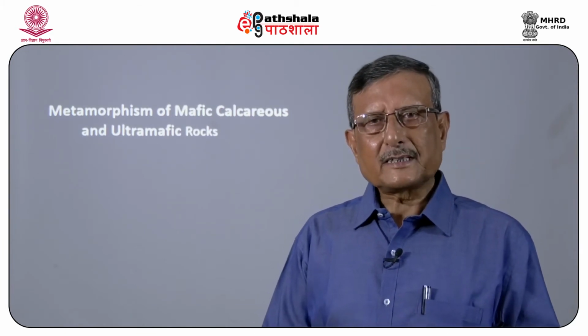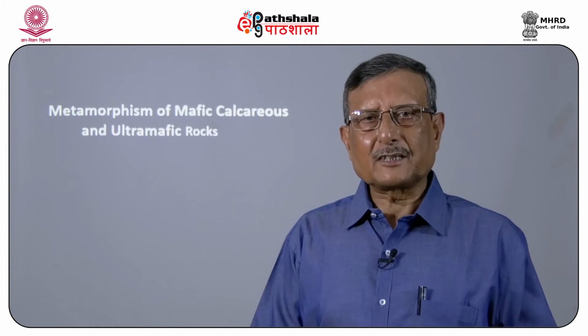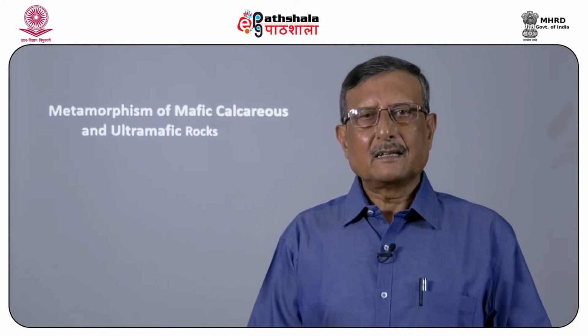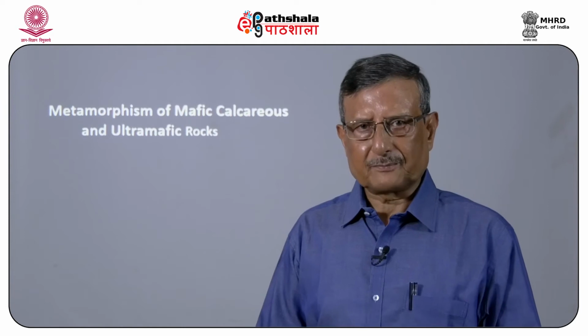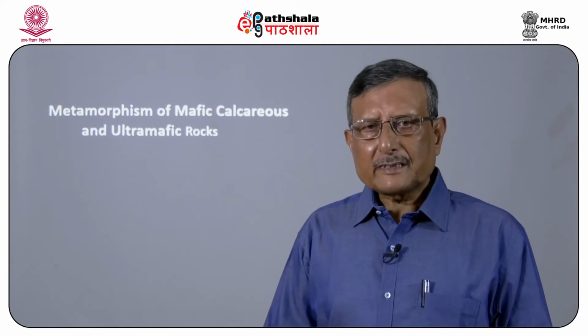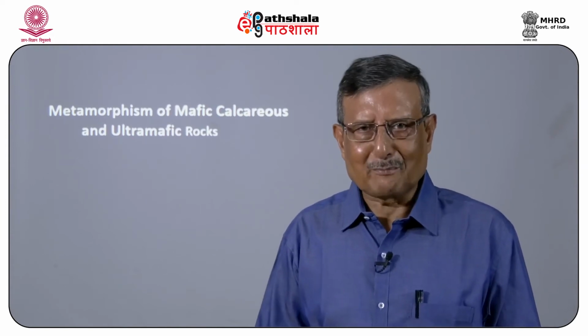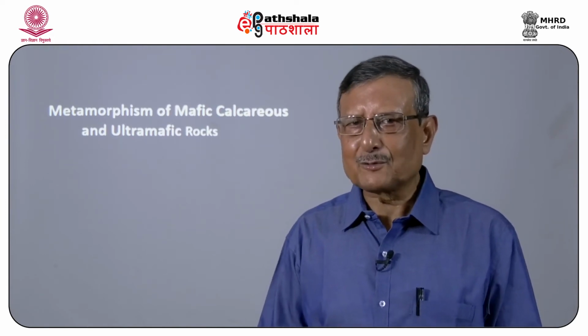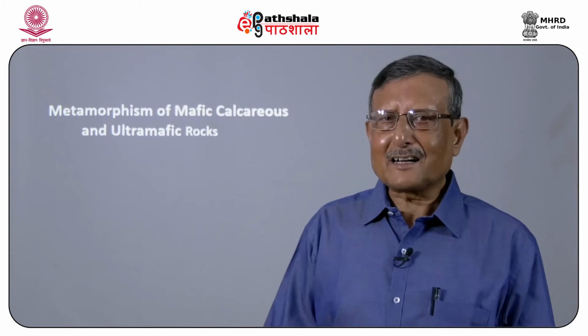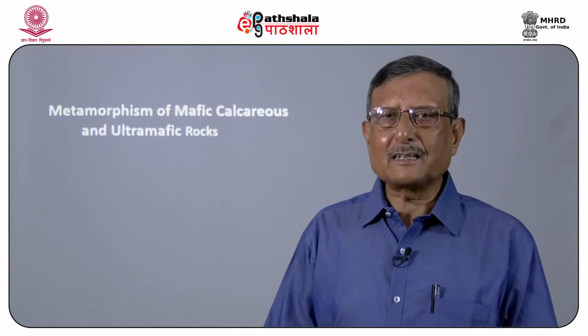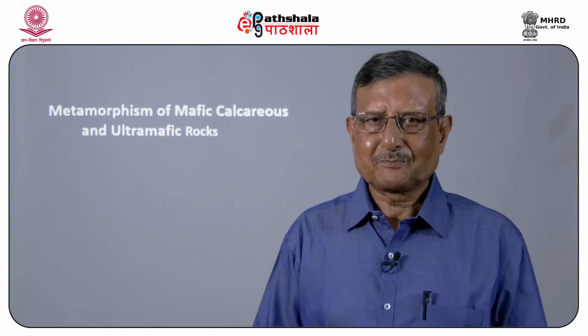So, it is completely different from the sequence what we get in medium pressure facies series. Now, there is not much difference in mineralogy, however, so it is easy to remember. The only thing that you need to remember is that garnet is less abundant in low pressure facies series.